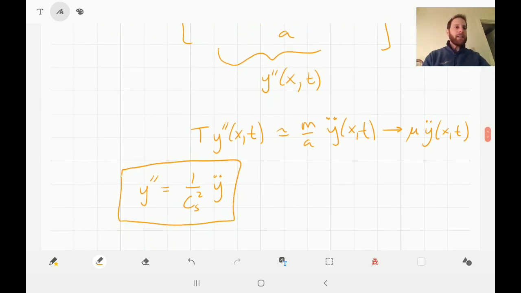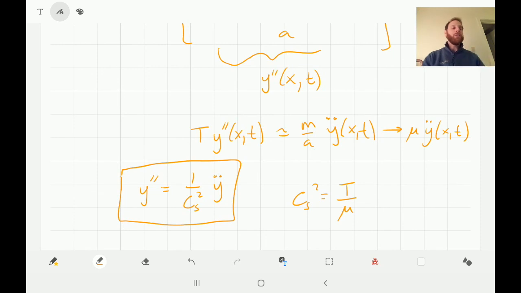This, in fact, is a wave equation, something with two spatial derivatives equal to something with two time derivatives and some proportionality factor that has to do with the speed of sound in that medium, or the speed of the waves. Here, the speed of that wave squared is given by the tension divided by mu, and hopefully this is what you would have guessed if you paused the video.